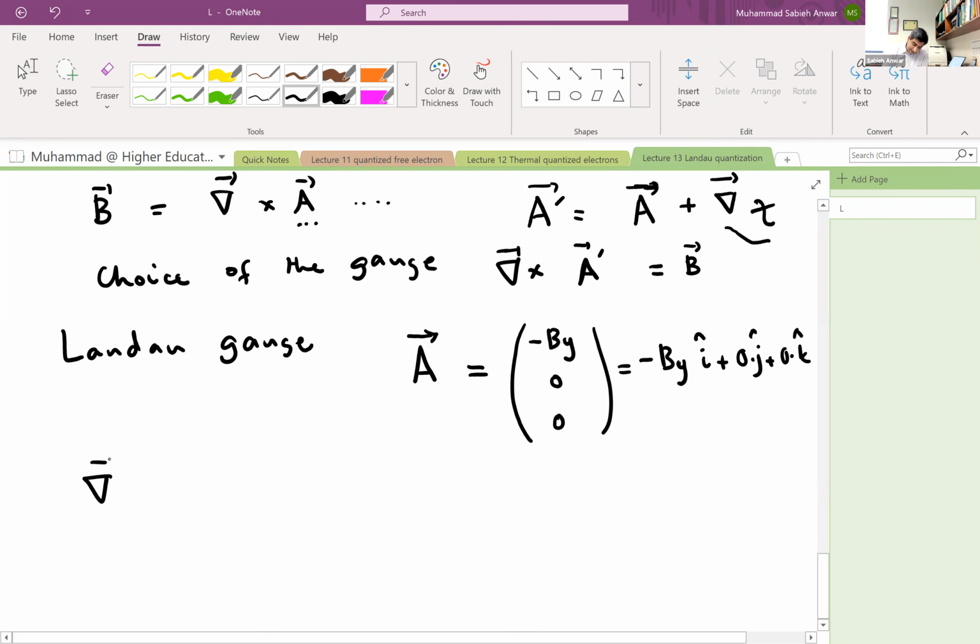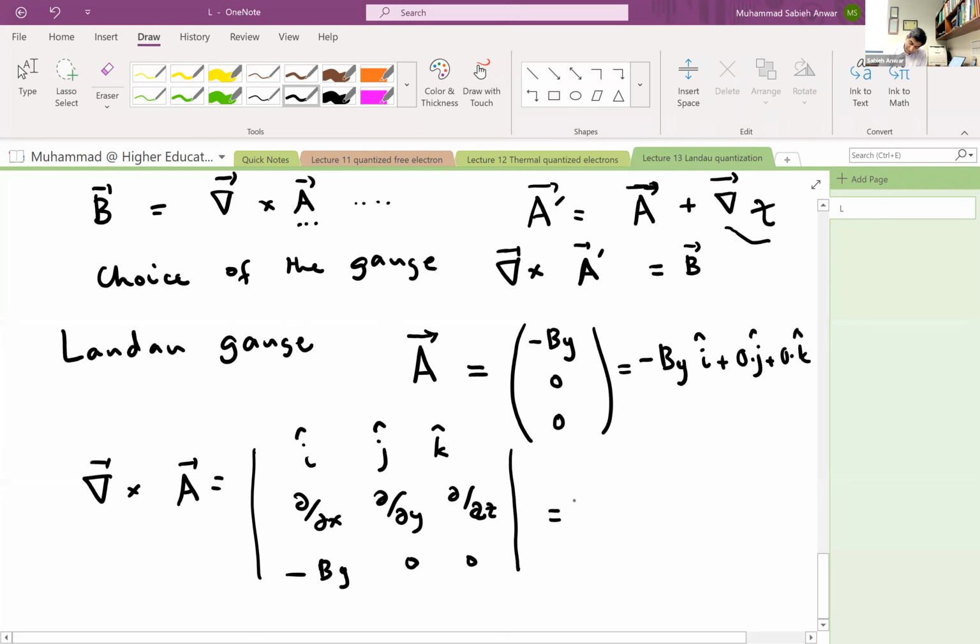So if I take the curl of this A, now how do I define my curl? I just need to find this determinant. So curl is this thing, minus By, 0, 0.